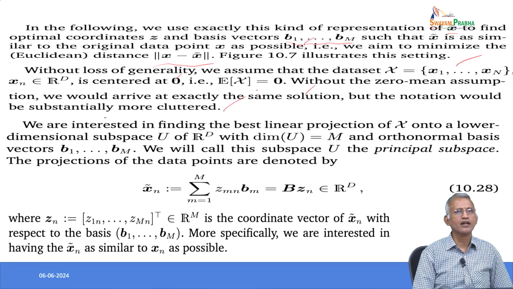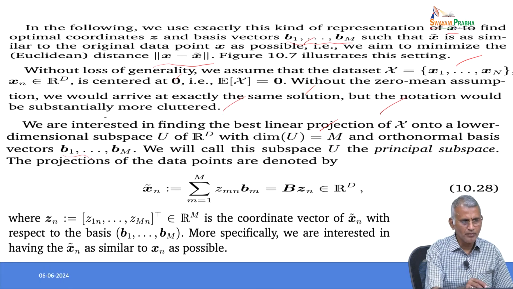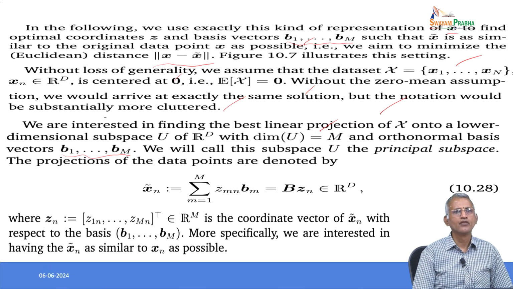So, we are interested in finding the best linear projection of x onto a lower dimensional subspace U of R power D with the dimension of U equal to M, and orthonormal basis b1 to bM. We will call this subspace U the principal subspace.